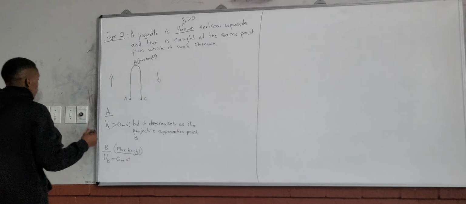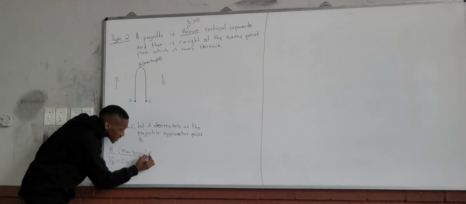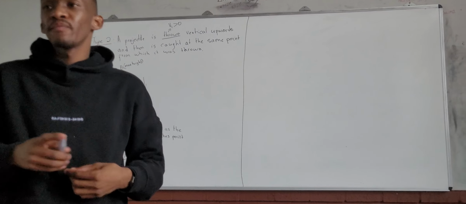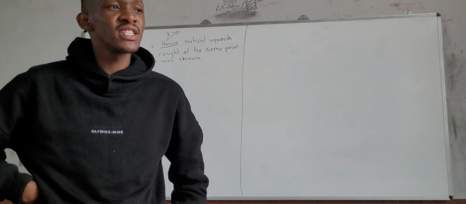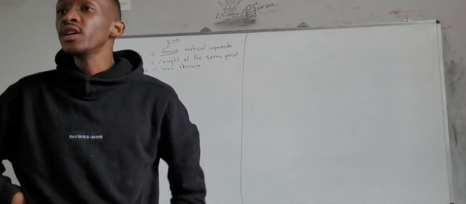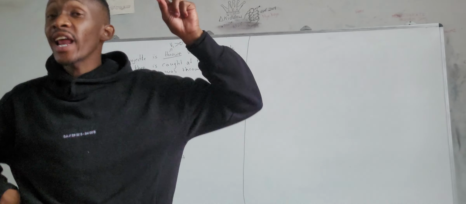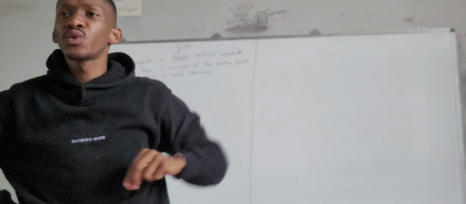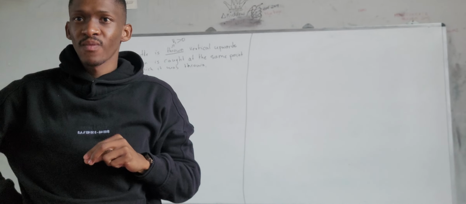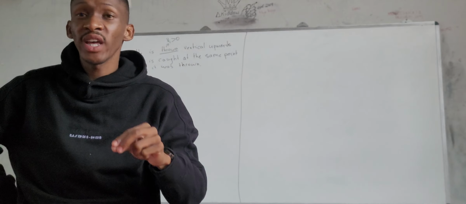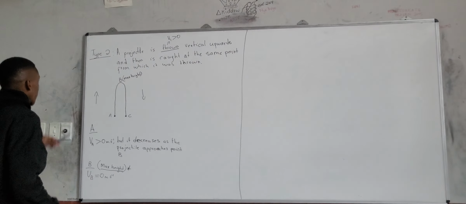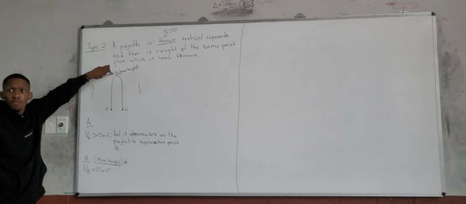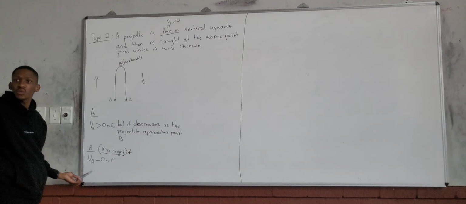And this maximum height of ours is very important, because in the exam, they will never tell you that at point B, our projectile reaches maximum height and velocity is equal to 0. You must know that when our projectile reaches the maximum height, its velocity is equal to 0.